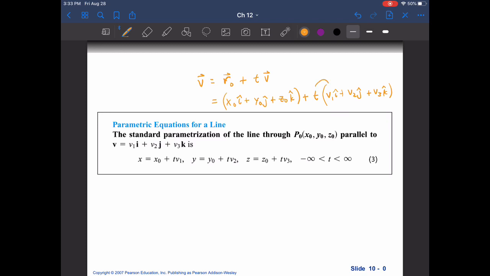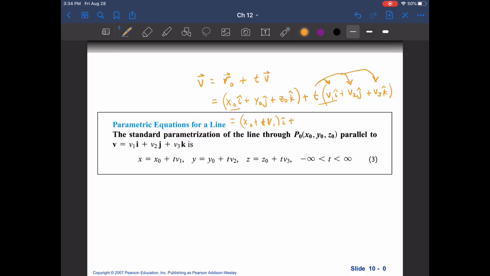So if we distribute this t through, what we essentially have is x naught plus tv1 in the i direction. That's adding this i component with that i component.